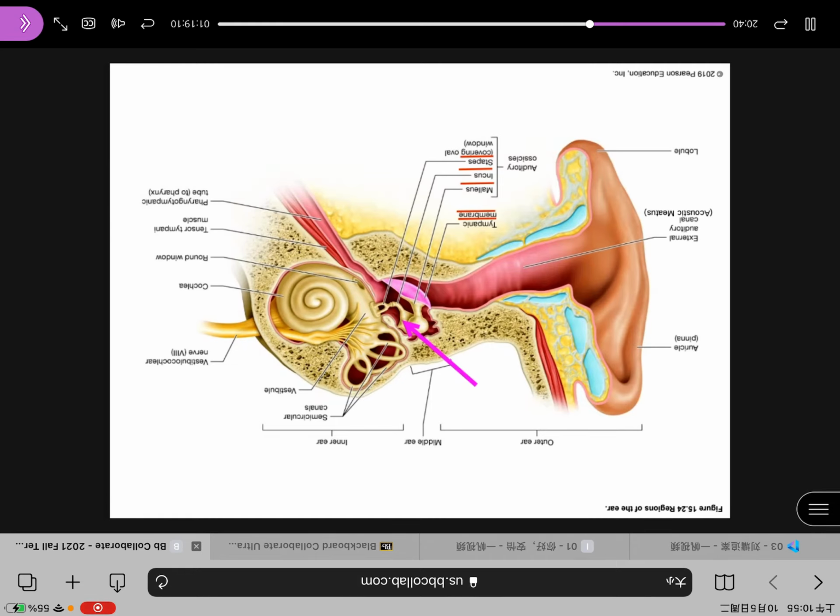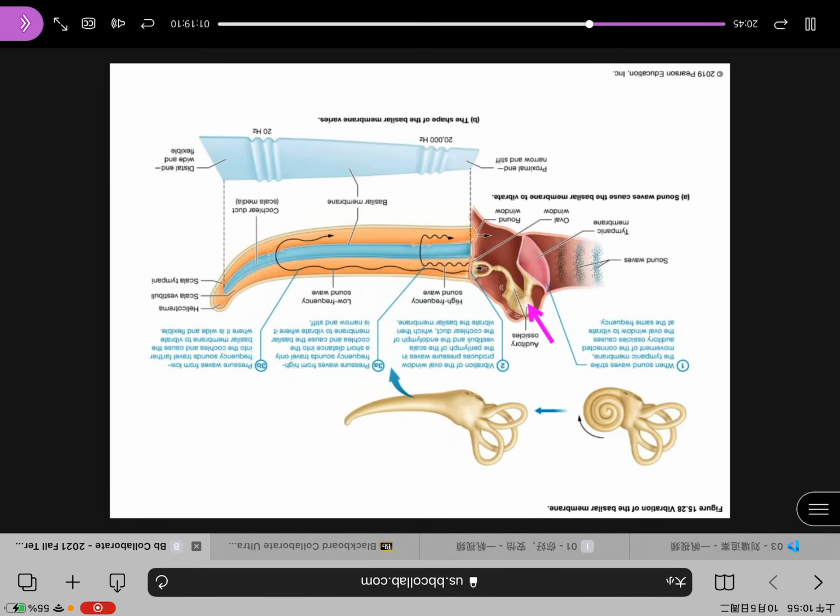Anyway, let me see if I can show you another figure of the incus. Right there, you can see that the malleus articulates with that bone I'm pointing at, called the incus. It kind of looks like a hook, right? It kind of looks like a wrench.